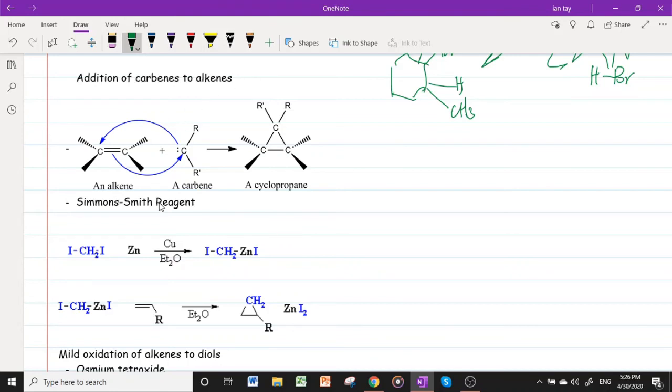How this is normally done is through the Simmons-Smith reagent, where the iodoalkane is reacted with zinc in the presence of a copper catalyst to form this in situ, and this then reacts with the alkene, thus achieving the same effect of creating a cyclopropane ring.